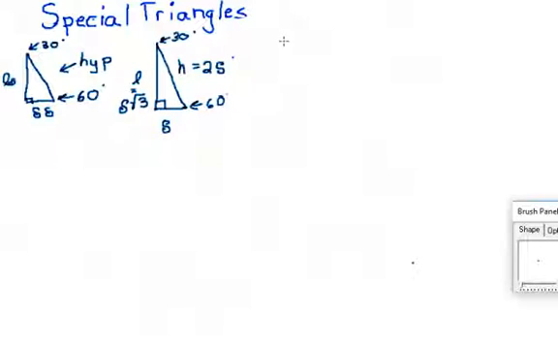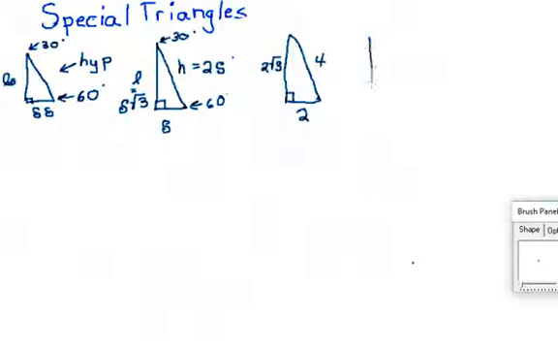So what do you use this for? Well, let's start with an easy example. Let's say I have a triangle, and again I'm apologizing for the shape my triangles are in. Hopefully I'll get better at this as I practice. If this is 2, then this is 2 times 2, and this is 2 times the square root of 3.